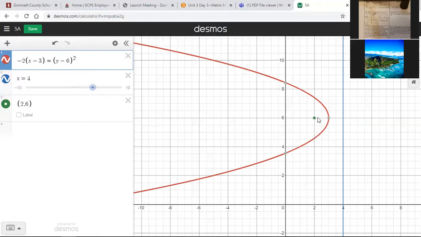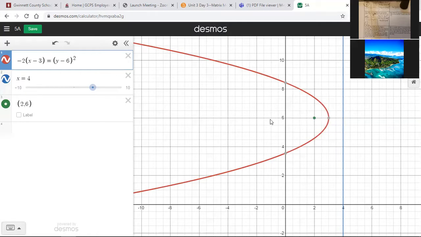If I look at this point right here, I'm about 1.5 units from the focus, but I am 2 units from the directrix.